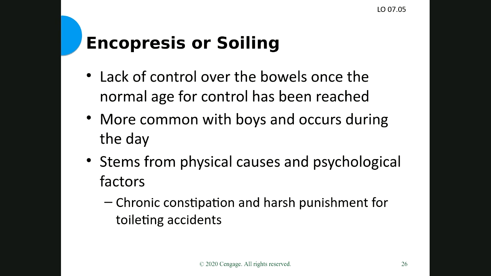Okay, lack of bowel control. This is kind of the same thing at the other end, so to speak, or chronic constipation. If someone really has harsh punishment, like I said, they dirty their pants, and they really shouldn't be punished, and the parents are kind of mad because it's out at a party, and now they have to take time and change the baby's diaper, and they get all mad and everything like that.